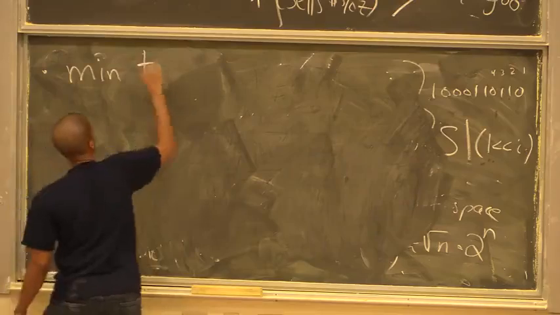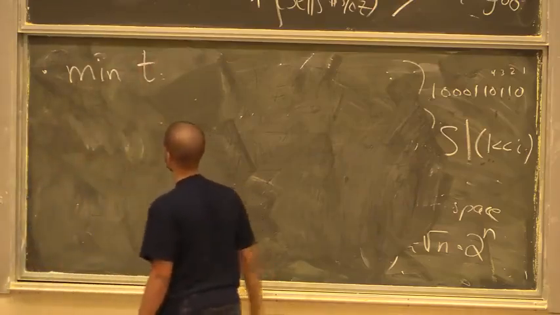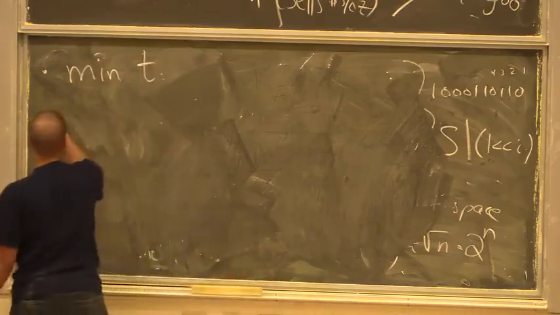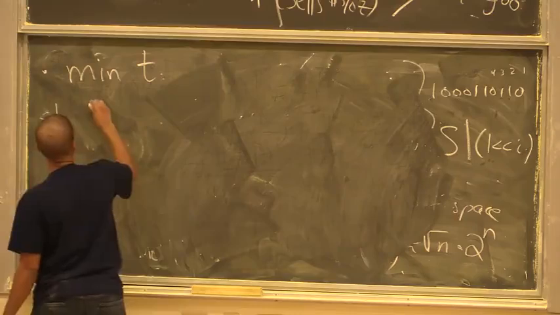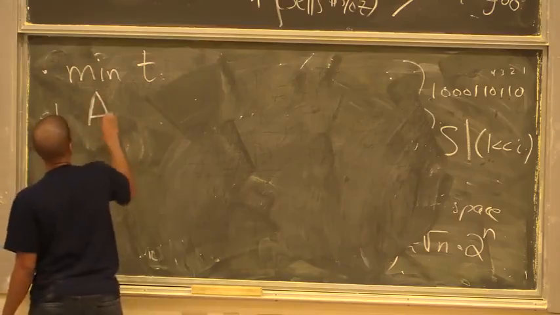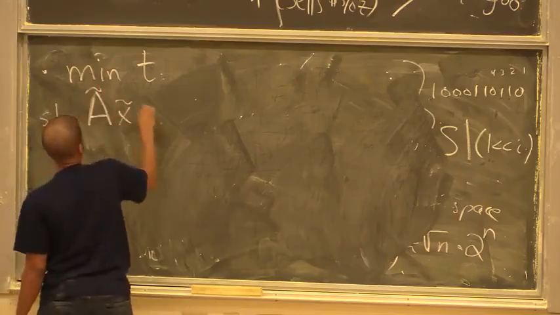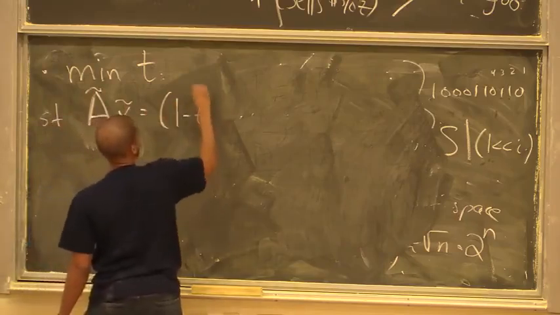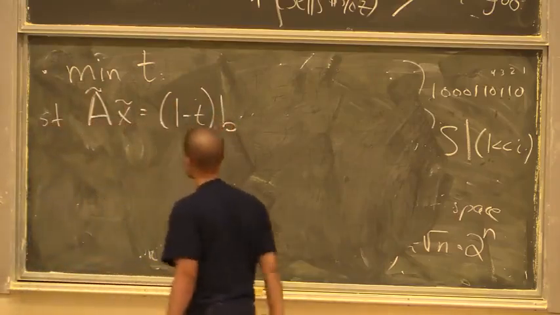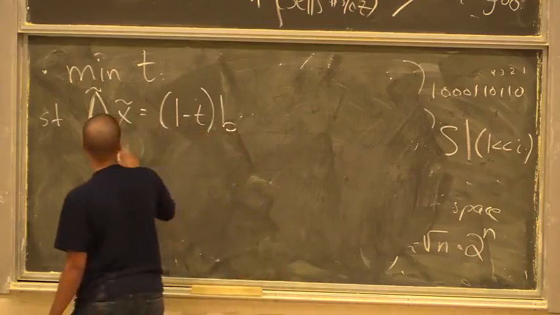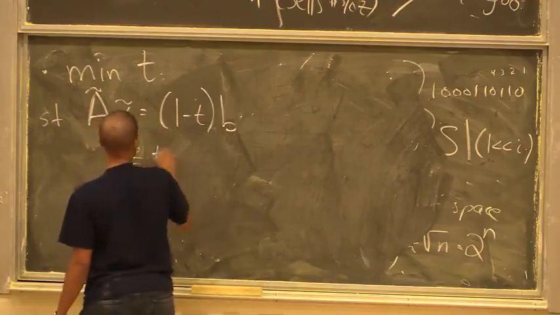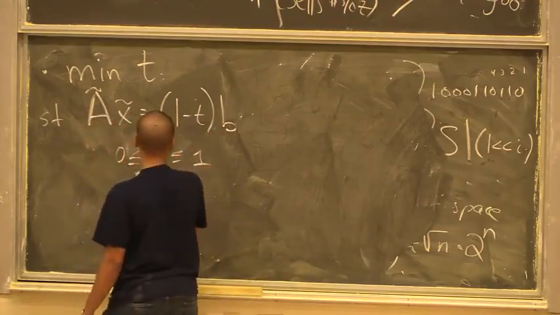Minimize t, which is just a number, subject to A tilde x tilde is equal to 1 minus t times b, and 0 is less than or equal to t is less than or equal to 1, and x tilde is at least 0.